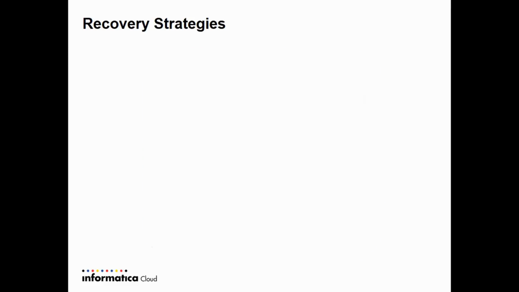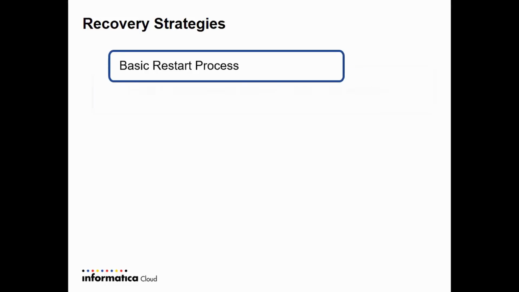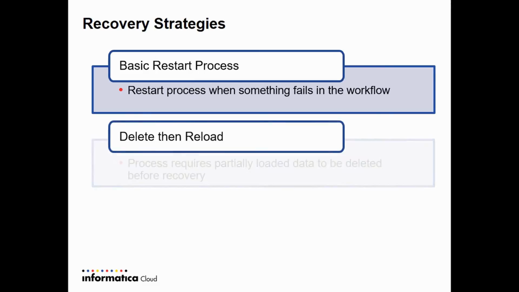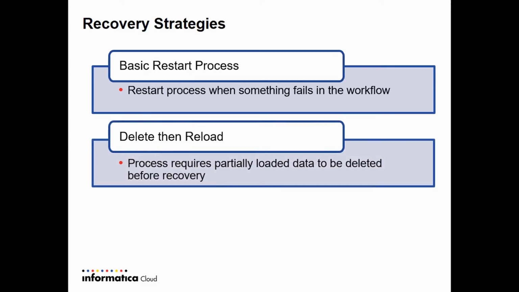There are 3 types of recovery strategies that we should utilize when developing with ICS. Basic restart process: restart the process when something fails in the workflow. Delete then reload: this process requires partially loaded data to be deleted before recovery. This means that while the workflow was loading data to a target and the process fails in the middle, the partially loaded data has to be deleted.